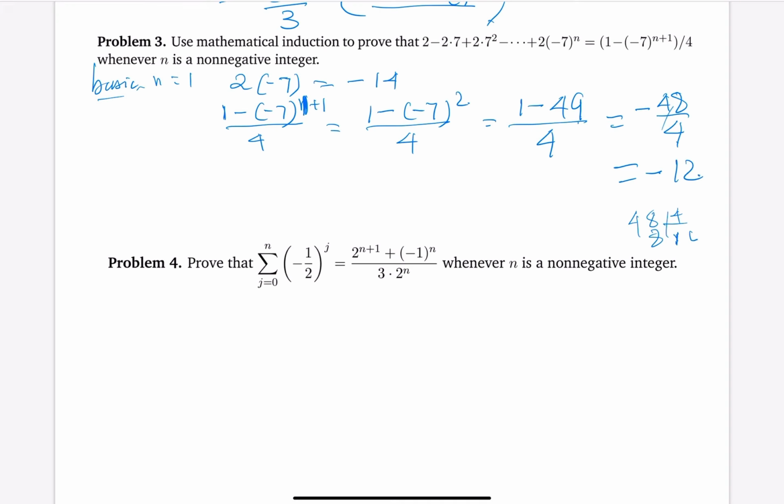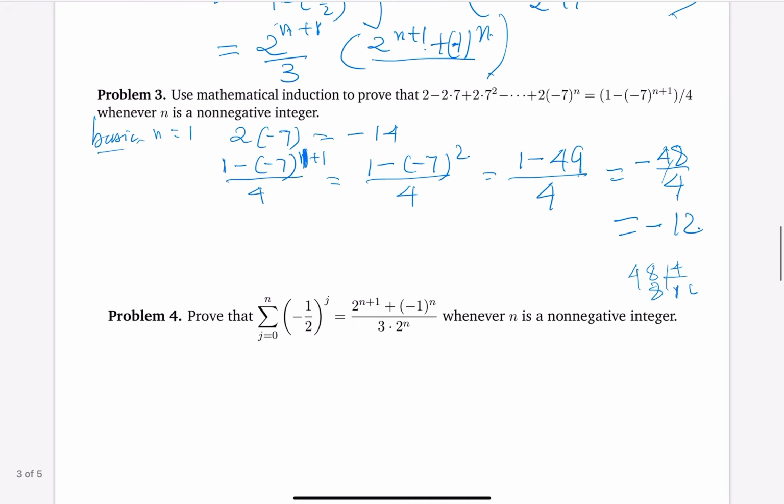So why did I get this one here? The base case. Oh, here, if n is 1, sorry. If n is 1, you have negative 14. The base case here, I don't know why I get 12, but the base case is fine.